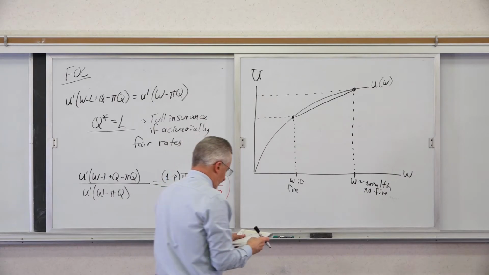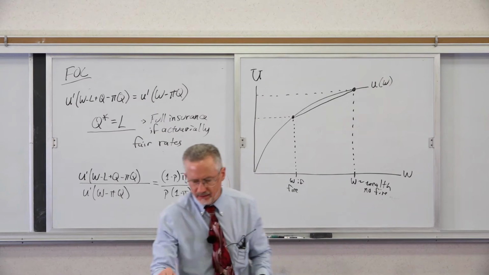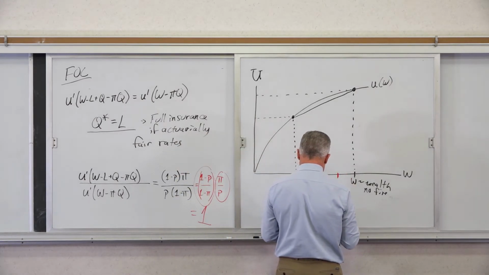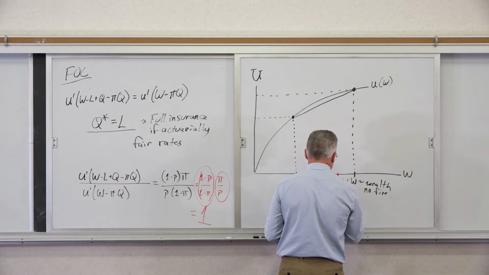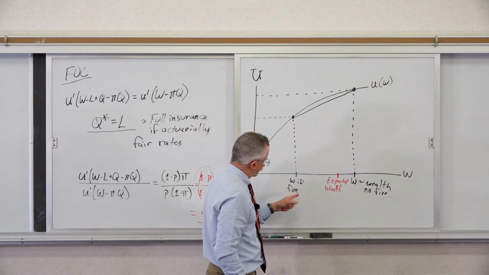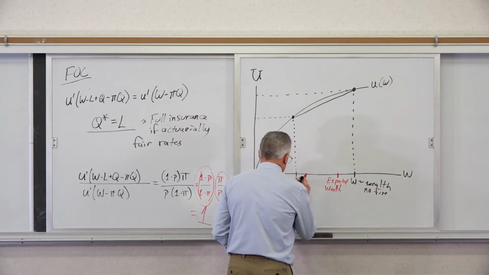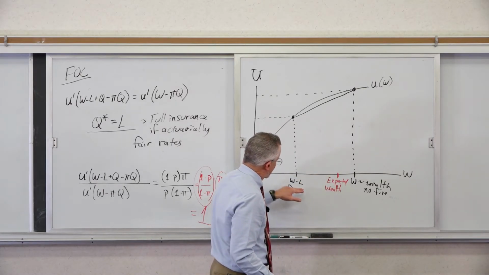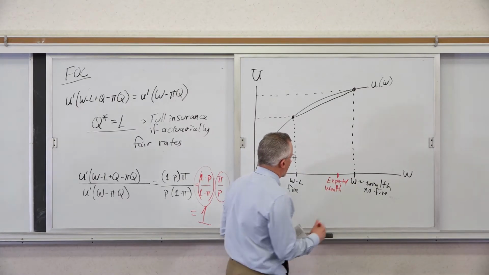Let's say given the risk of a fire, that would put us right here, which would be our expected wealth, P times (W minus L) plus (1 minus P) W. And that puts us right there.